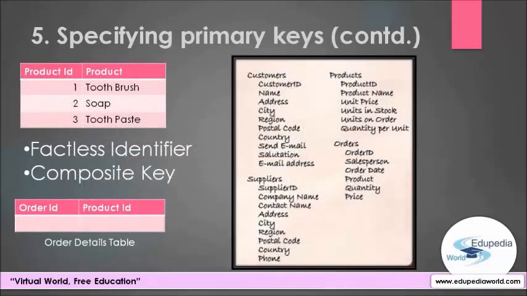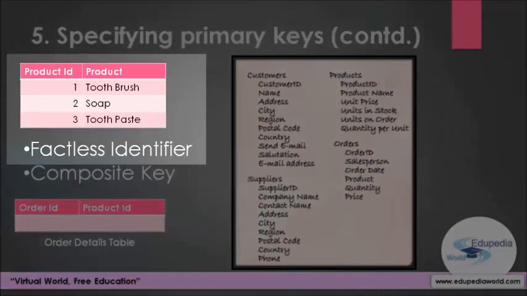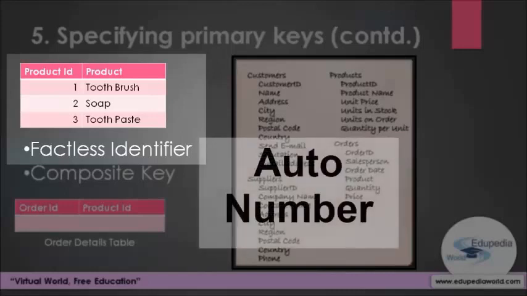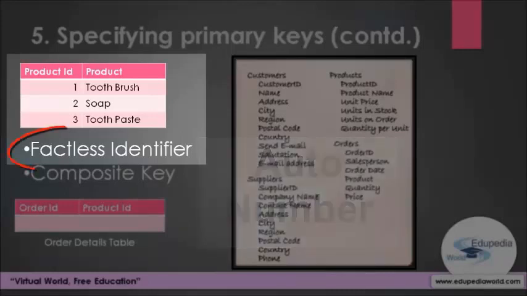If you don't have in mind a column or set of columns that might make a good primary key, consider using a column that has an incremental number data type that automatically generates when you are adding records to the table. We call them auto number fields. Such an identifier is factless. It contains no factual information describing the row that it represents.